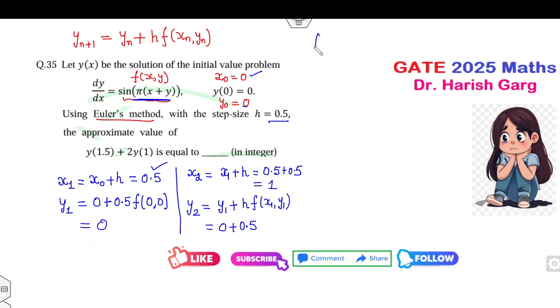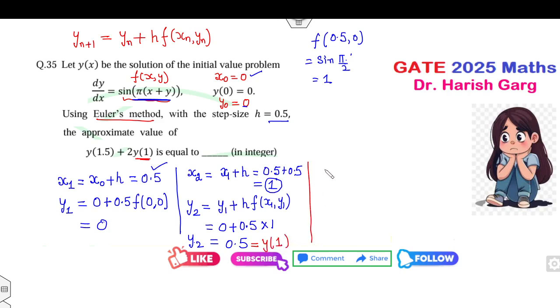What is the value of f of x1? x1 is 0.5, y1 is 0. So that is sine pi by 2, which is 1. So this value is 0.5. y2 means the value of y at the point 1, so basically y2 is nothing but y of 1.